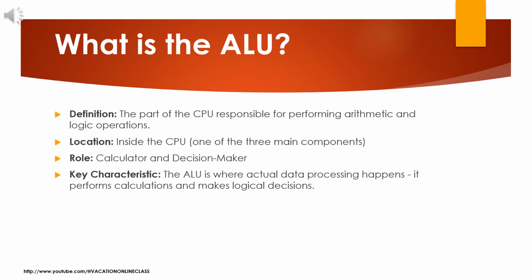The arithmetic and logic unit, or ALU, is the part of the CPU responsible for all calculations and logical operations. Just like the control unit, it is located right inside the CPU as one of its 3 core components. If the control unit is the manager, the ALU is the calculator and the decision maker.